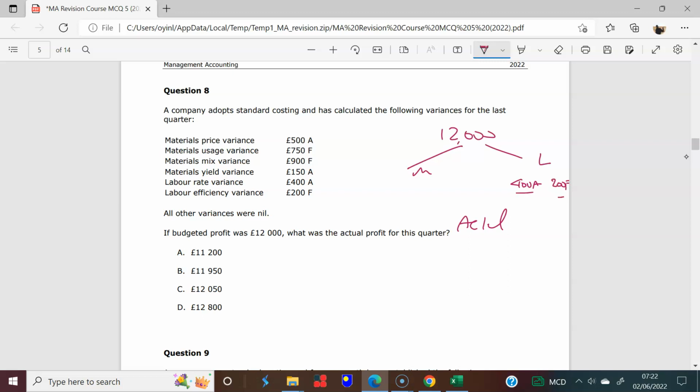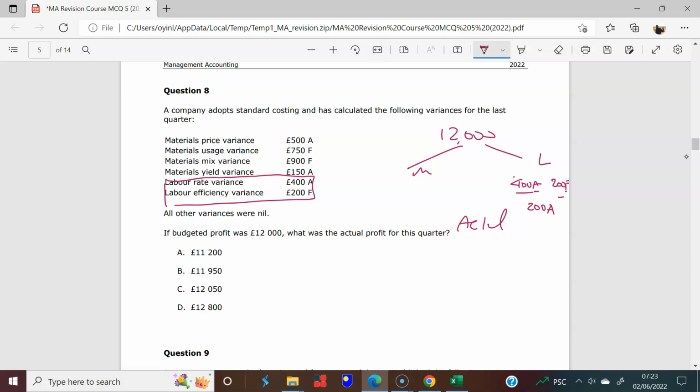Remember that these two combine to form the actual labor cost variance. So these two are subvariances. So let's deal with this first. These subvariances will combine to give you a net situation of 200 adverse, doesn't it? 400 minus 200 is 200 adverse.